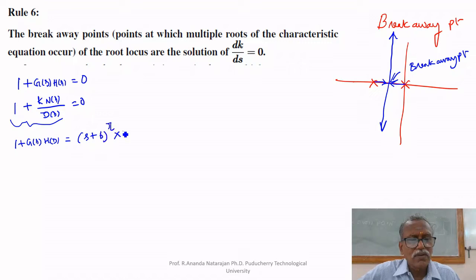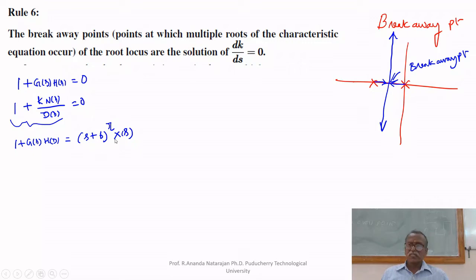The characteristic polynomial is written like that. What is the meaning of this? It has repeated poles at r points. It has r repeated poles. The remaining polynomial is X of s.